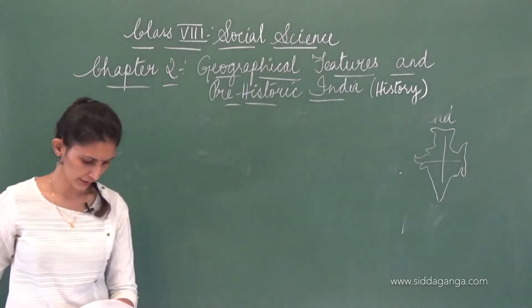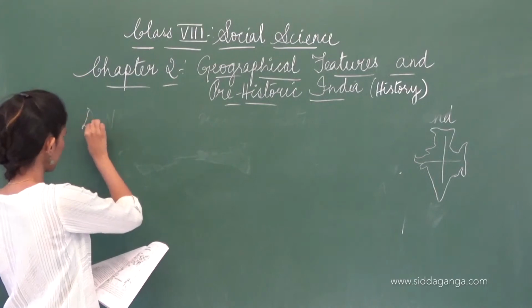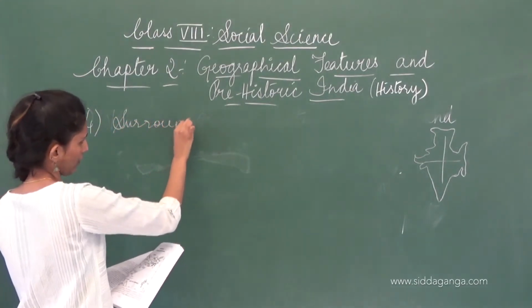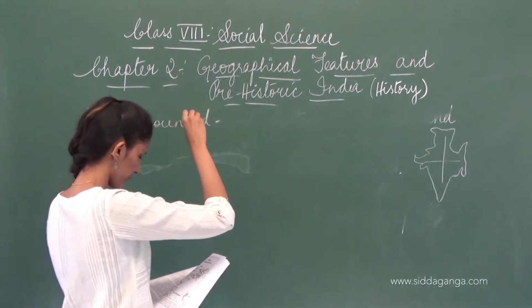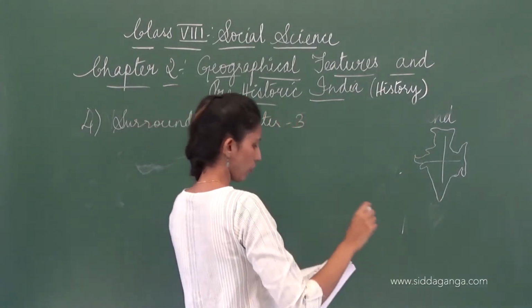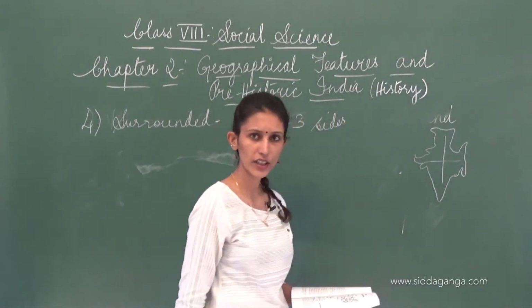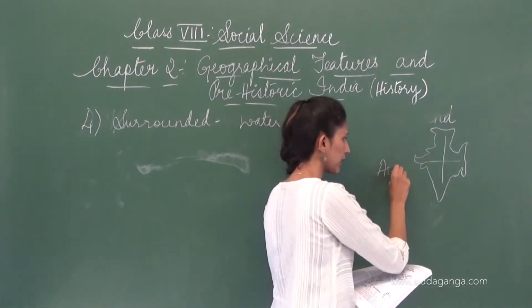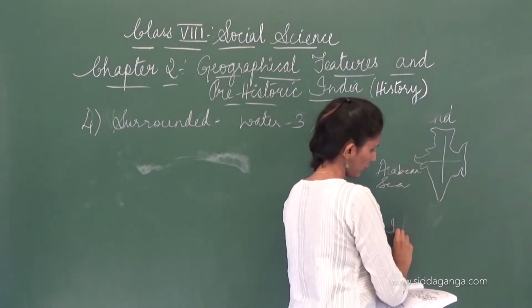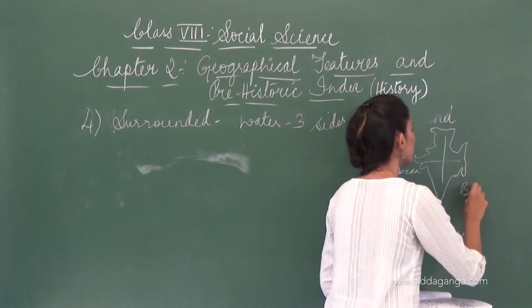We'll move further to understand. India is surrounded by water on 3 sides: the Arabian Sea, the Indian Ocean and the Bay of Bengal.